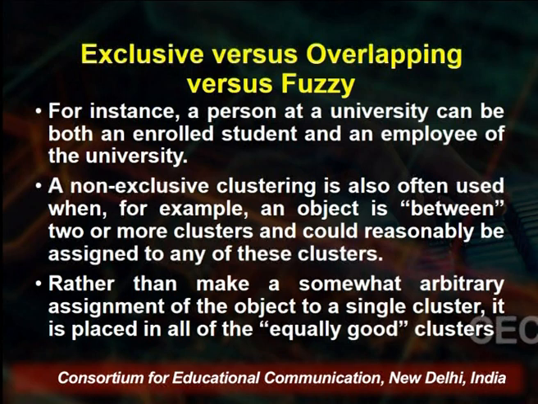So this non-exclusive clustering is often used when an object lies between two or more clusters. Okay. So instead of making an arbitrary assignment of the object to a single cluster just for the sake of making it an exclusive clustering, it is always better to place the object in all the equally good clusters. So if a particular object belongs equally to multiple clusters, then it should be placed in all those clusters instead of just placing it in one cluster.